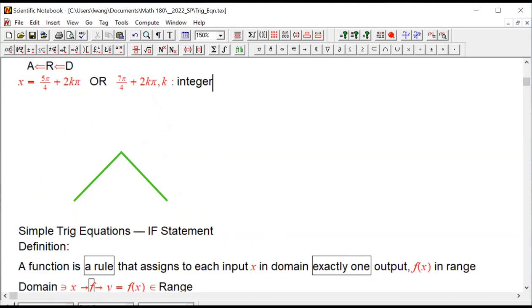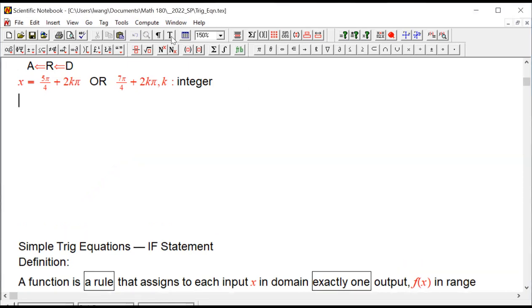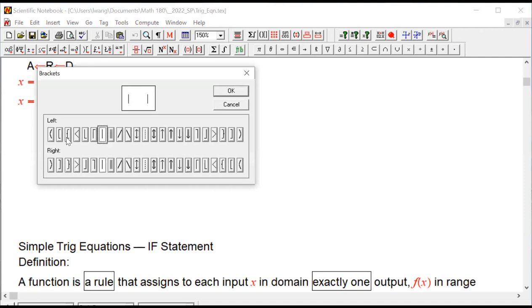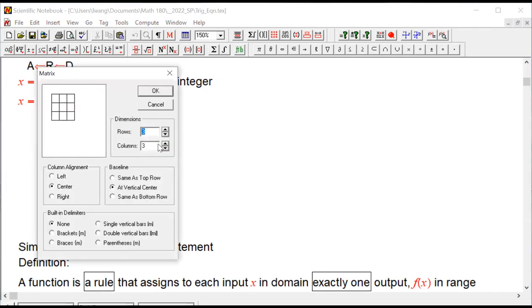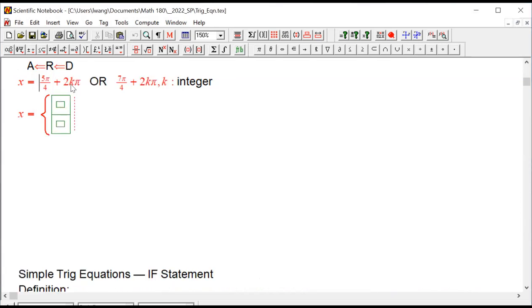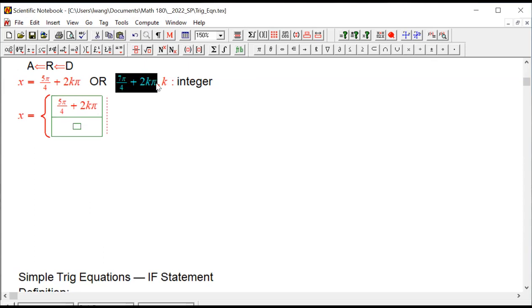The other way to express it, which is very typical, is you write x equals, in this specific format, with 1 column, 2 rows. You put these two forms in the table.